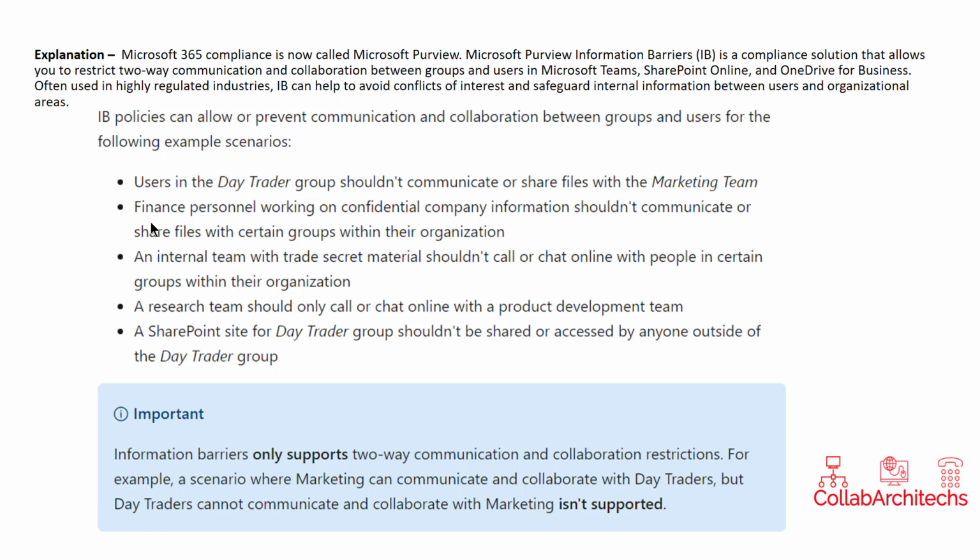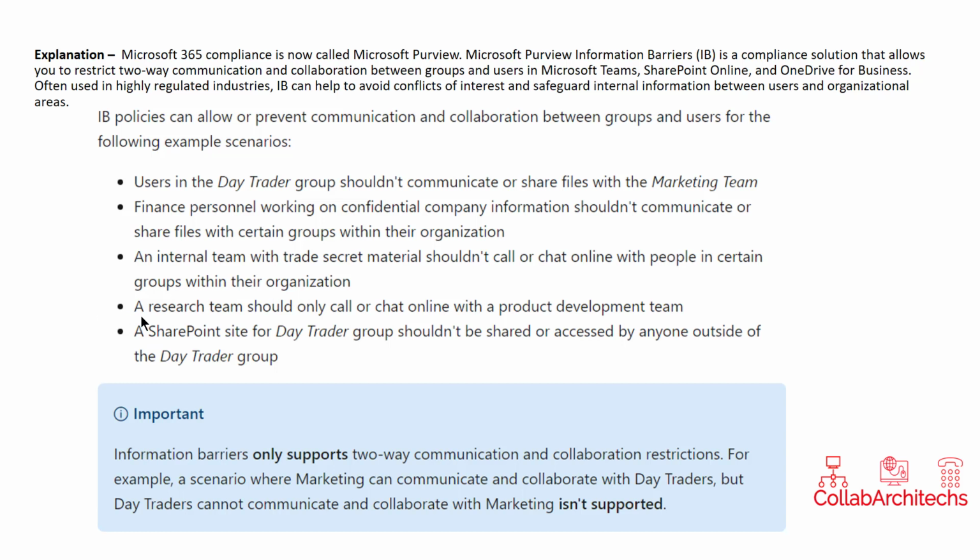The second example is finance personnel working on confidential company information who should not communicate or share files with certain groups within their organization. And the third example is an internal team with trade secret material that should not call or chat online with people in certain groups within their organization.